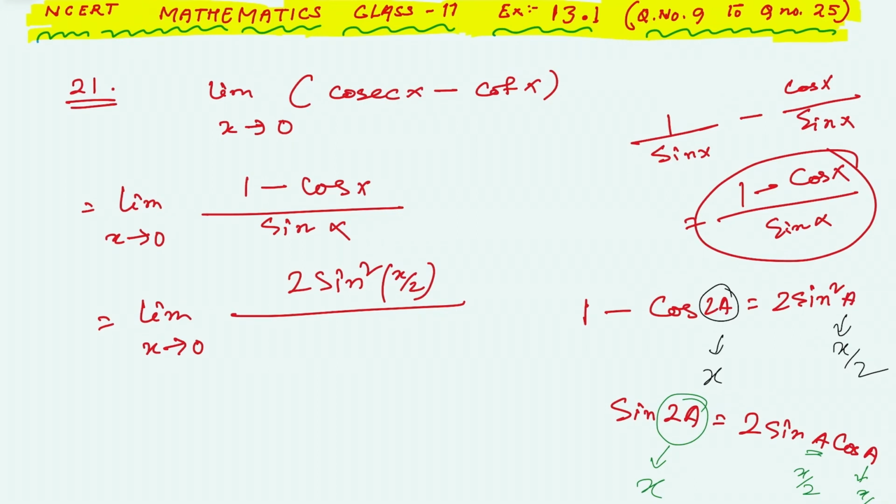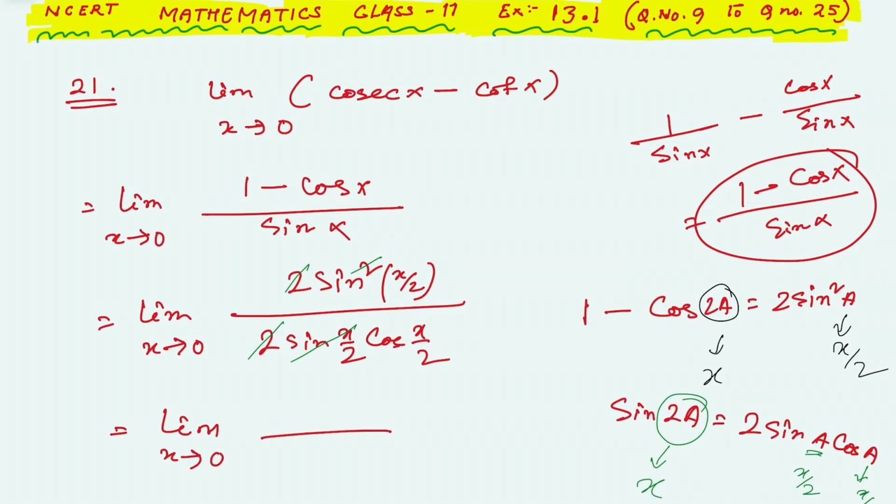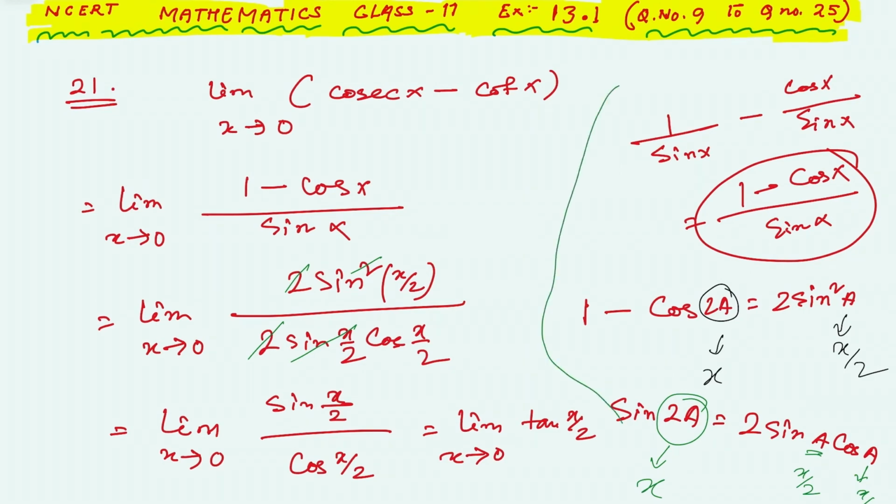So then we get here 2 sin x by 2 cos x by 2. Here 2 will cancel, then sin x by 2 will cancel with sin square x by 2. So in the numerator we now have sin x by 2 and here cos x by 2, which gives limit x tends to 0 of sin by cos, which is nothing but tan x by 2.